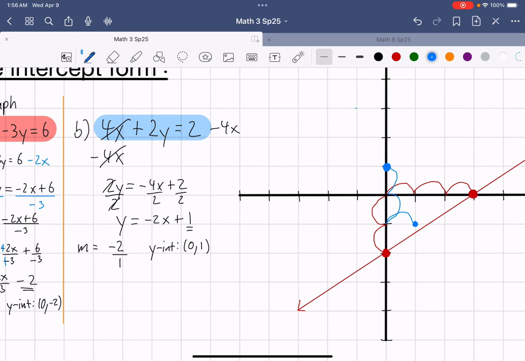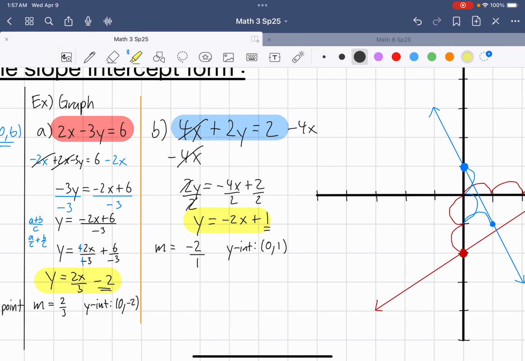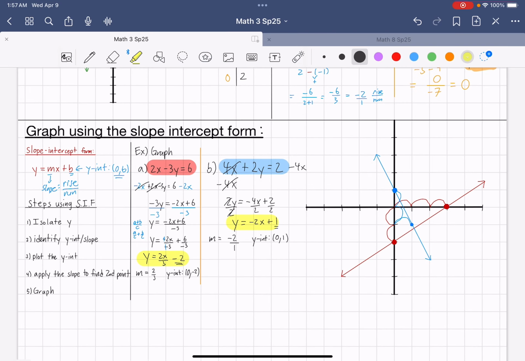And then here is my graph. And that way we can use the slope-intercept form to sketch the graph. We'll talk about nonlinear functions next, and we'll also look at some of those techniques on how to do this.